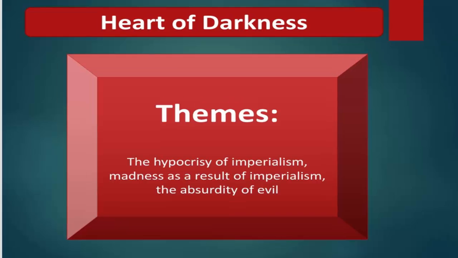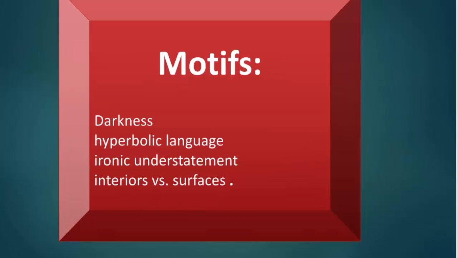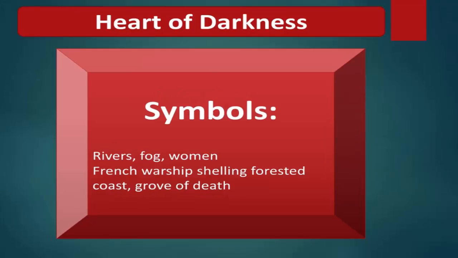Themes: the hypocrisy of imperialism, madness as a result of imperialism, the absurdity of evil. These are the famous themes. Motifs: darkness, hyperbolic language, ironic understatement, interiors versus surface. Symbols: rivers, fog, women, French warship shelling, forested coast, grove of death.